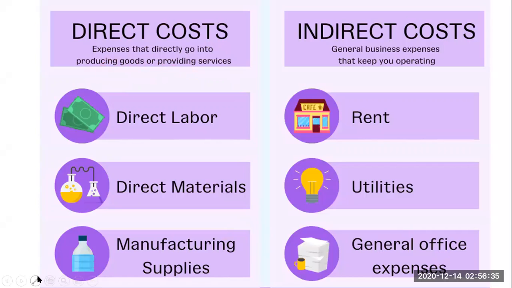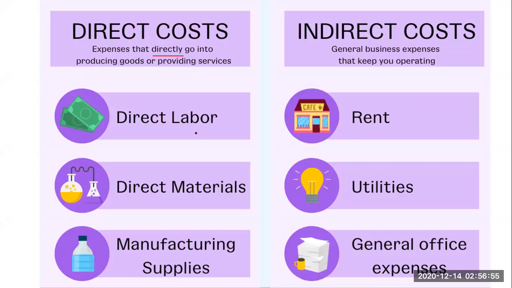Which one is the key word here? Which one? Directly, yes, directly. Direct costs, expenses that directly go into producing goods or providing services.